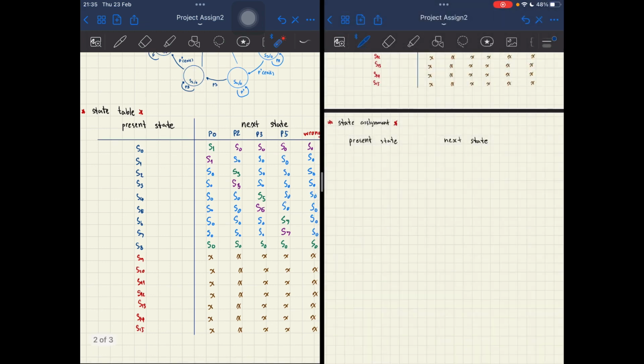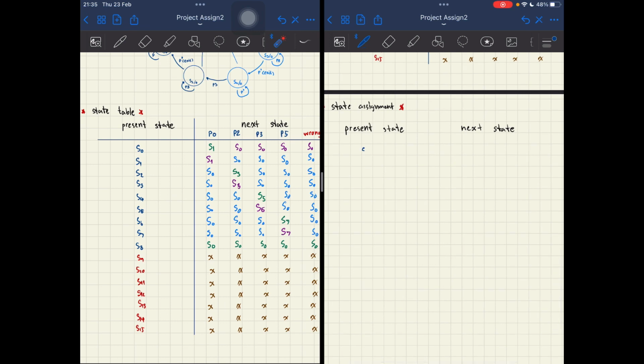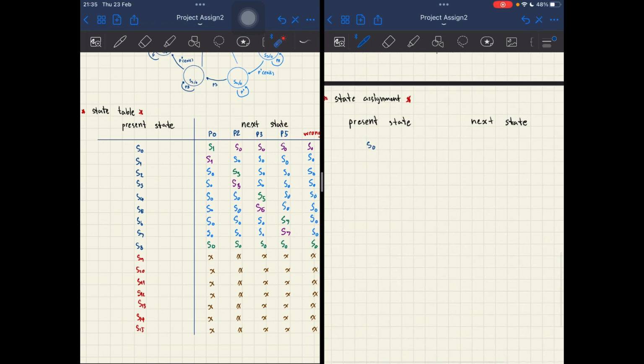And it's the same as the state table. We have about 16 states, right? S0 to S15. Sorry, we have 16 states, so we have S0 to S15. It's going to be 16 states because we use 4 flip-flops, so it is 2 to the power of 4, right?